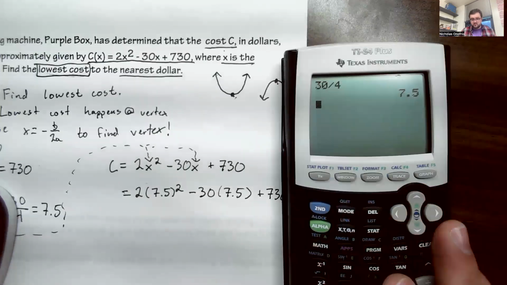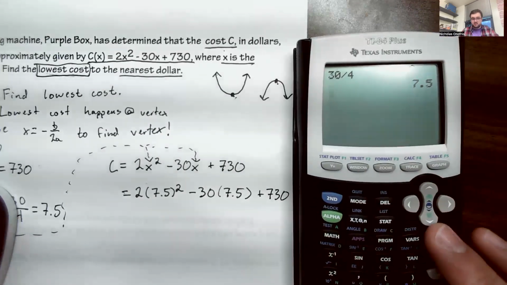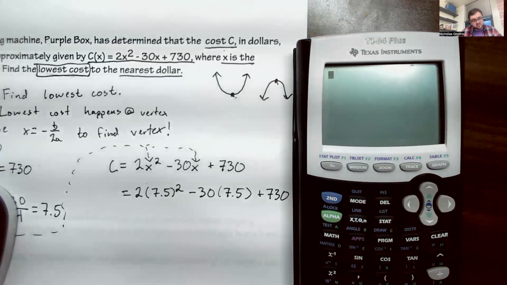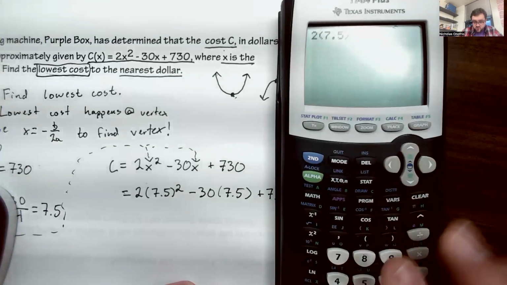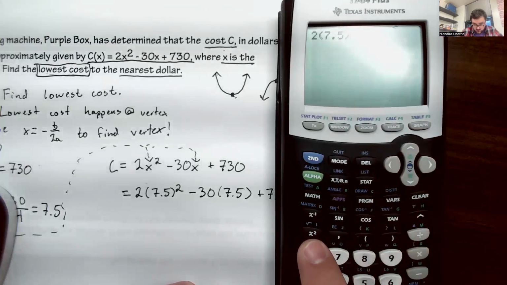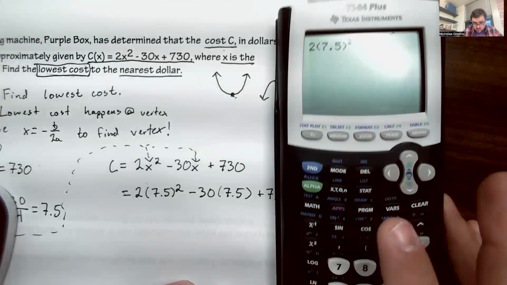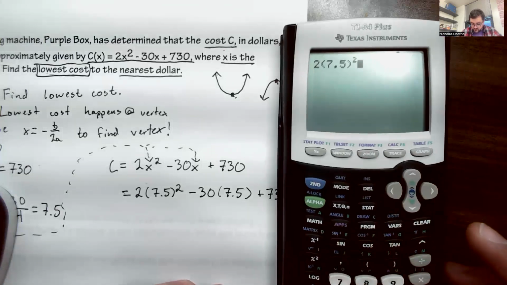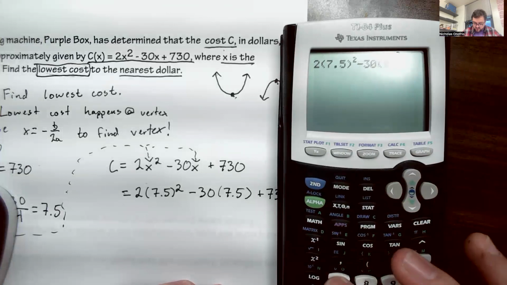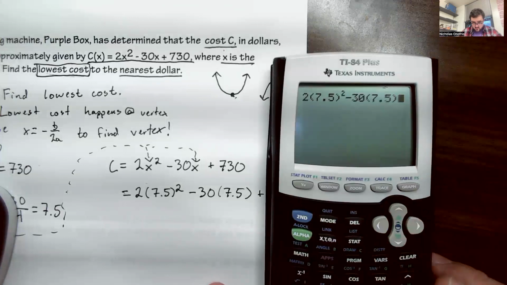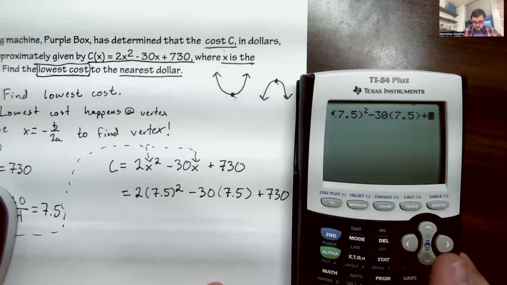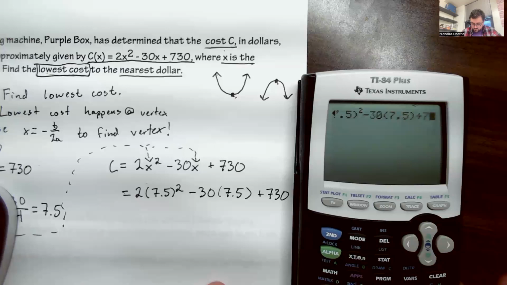Now, I don't know about you, that's a lot of work. I don't want to do all that. So here's the good news. You get to this step, type it into your calculator. 2 parentheses, 7.5 parentheses. To do the squared, you're going to hit this button right here, squared, minus 30 parentheses 7.5 plus 730.